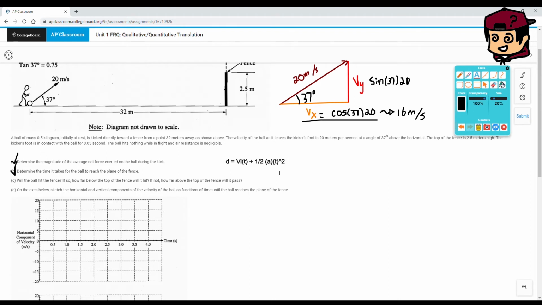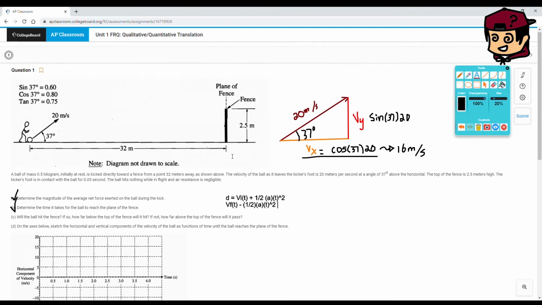We should all know this equation, right? Here, however, it's not our initial velocity. We're using final velocity, right? Then it turns into d equals VF t minus 1/2 a t squared. This should make everything easier. That's the one we're using.